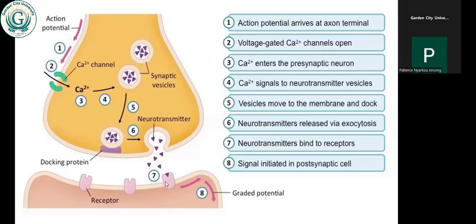Then that complex formed is going to trigger voltage-gated sodium channels to open. Sodium will move into the cell, moving the resting state to a more positive or less negative value. So let's say minus 70 to minus 60, 69, 68, and that is graded potential. Subsequent voltage-gated sodium channels open for that to continue.